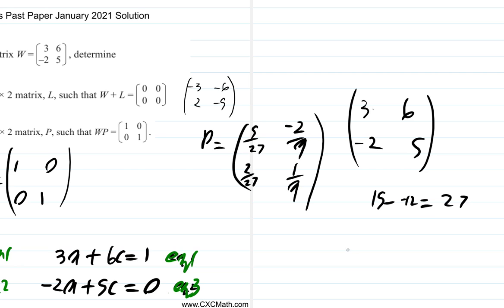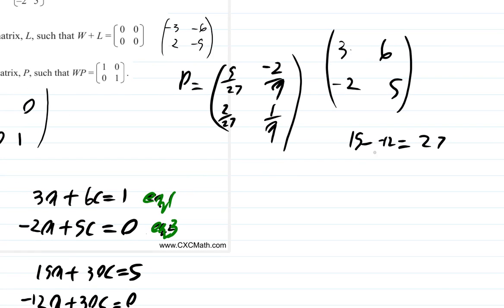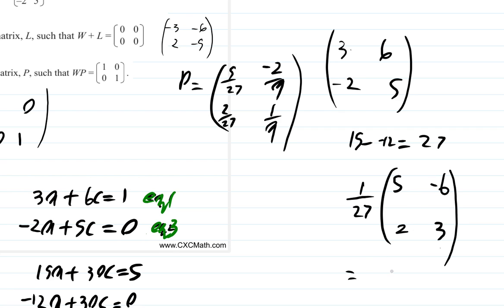So here, to find the inverse, you have 1 over 27, the determinant, multiplied by the matrix where you interchange 5 and 3, 5 comes up here, 3 goes down here, change the sign of 6 to negative, the sign of negative 2 to positive 2, and multiply them.